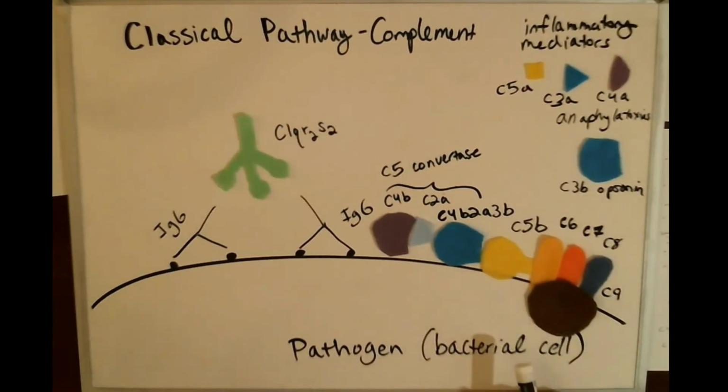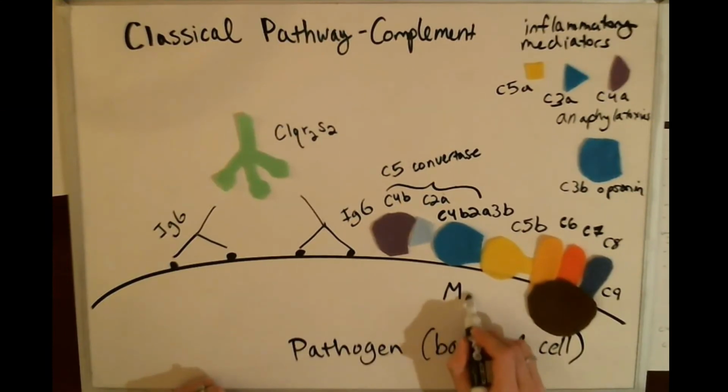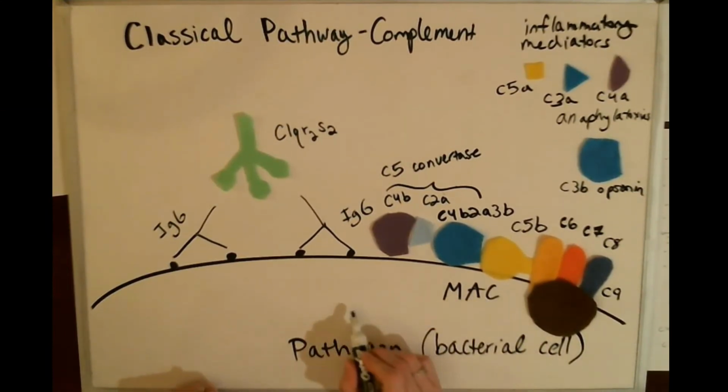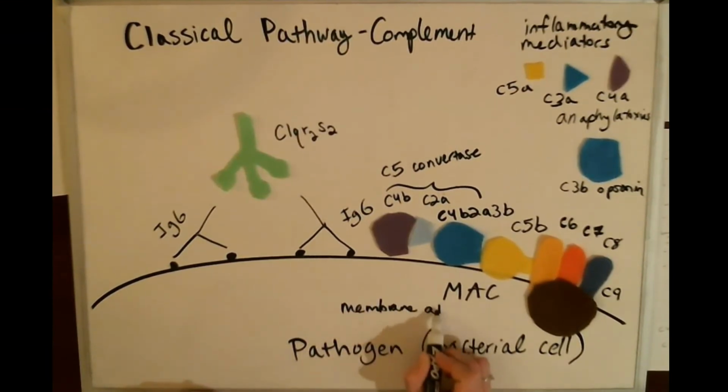So this entire complex, basically, of C6, 7, 8, and 9 associated with C5b is what we call the membrane attack complex, often abbreviated MAC. So once that's formed, you've basically created a pore through the pathogen cell membrane, and that results in loss of membrane integrity, which in the end is going to cause that pathogen to die, or that cell to die.